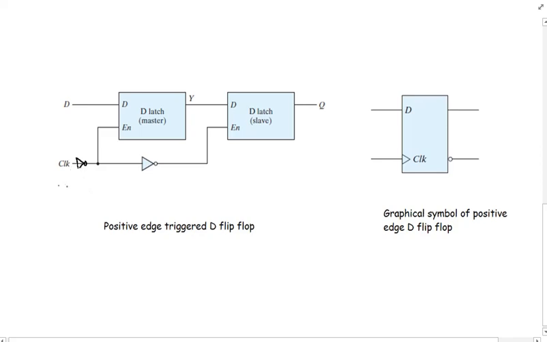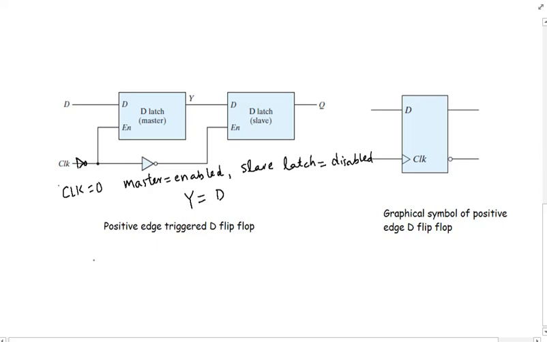When clock is equal to 0, master latch will be enabled while slave latch will be disabled. So Y will be equal to D. Then in the next phase, when clock is equal to 1, the master latch will be disabled because when clock is equal to 1, enable will be equal to 0.